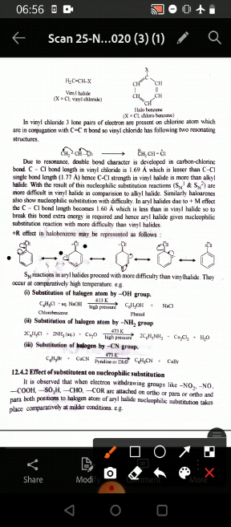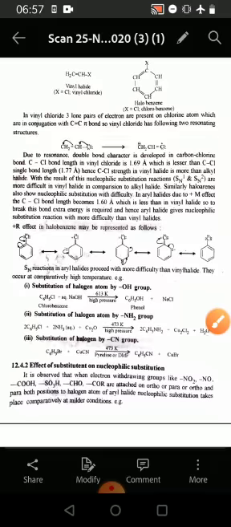Then by the successive migration of the double bond within the ring, the negative charge shifts from the second position to the fourth position to the sixth position, and later the electron pair at the sixth position shifts between C1 and C6, and a double bond is formed and neutrality is established. In all these resonating structures, we see that the negative charge resides on the second, fourth, and sixth positions, whereas the chloro group carries the positive charge.